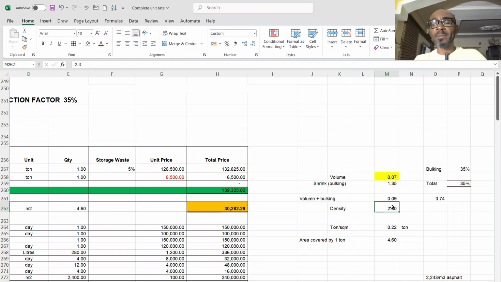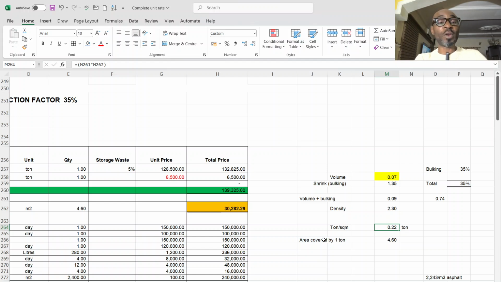So if you multiply your bulk and the actual volume by 2.3, you have 0.22 per square meter. It's 0.22 ton per square meter. That is the tonnage you need for 1 square meter.